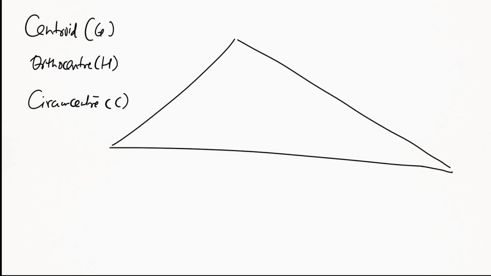If this is a triangle, let's say this is ABC, the point here, let's say this is an altitude, right? So somewhere the orthocenter will lie, for example H, and then draw a median, maybe M. So somewhere G will lie here, right? G is what? Centroid.